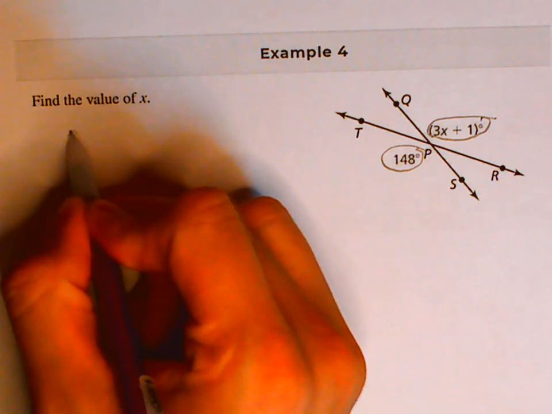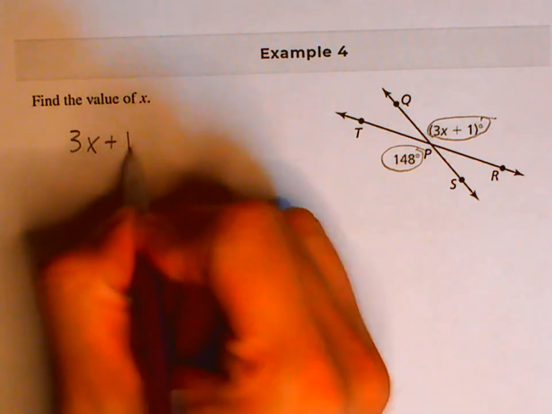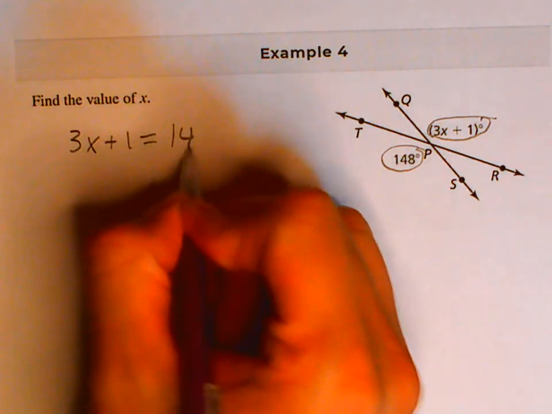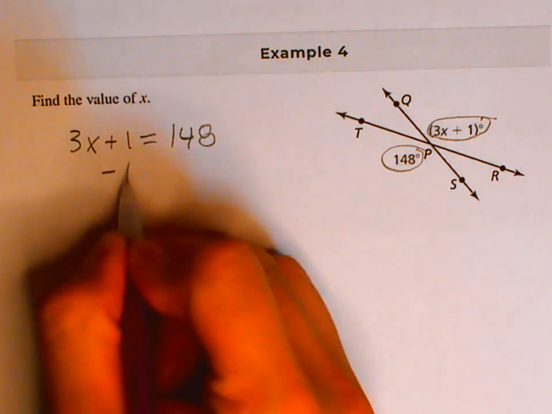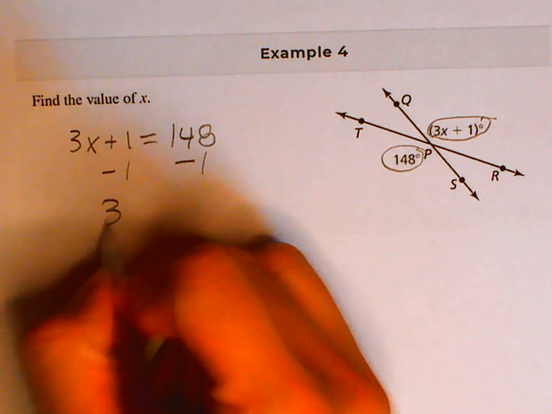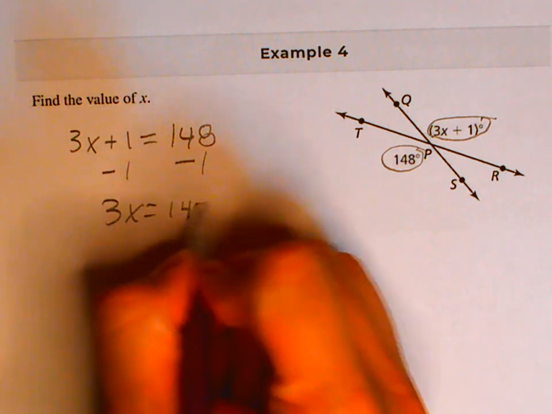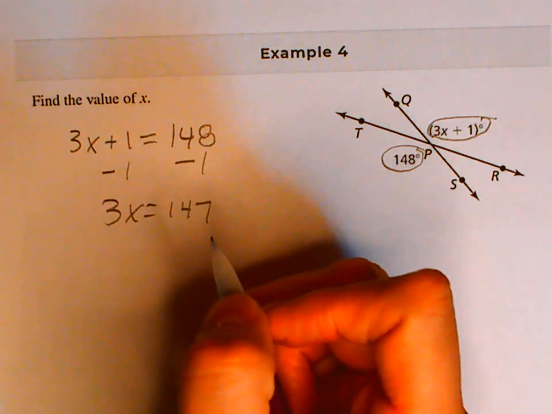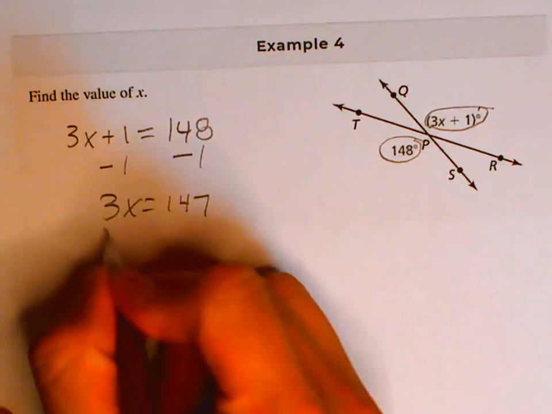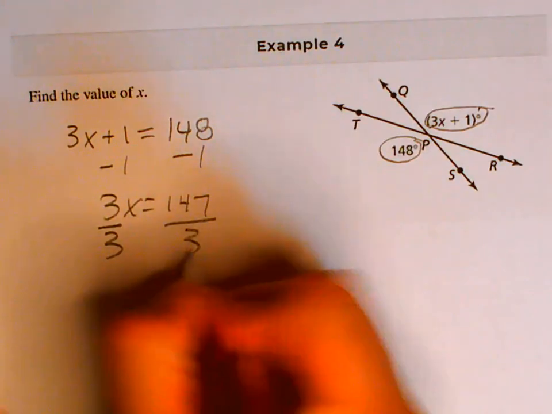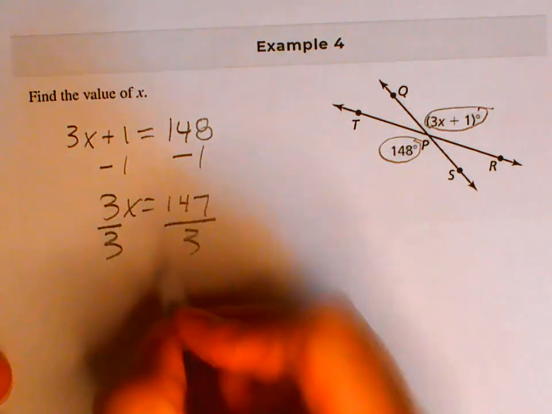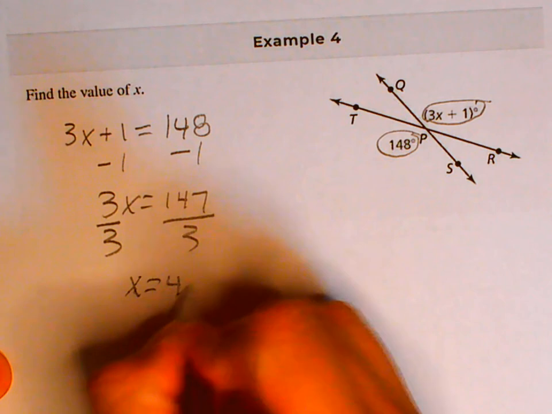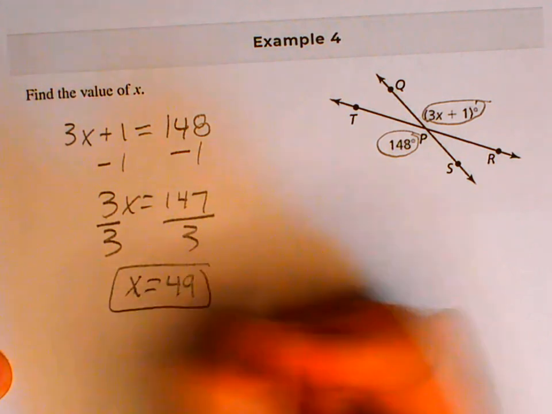So 3x plus 1 equals 148. This is not a proof, this is just an application. Minus 1, 3x equals 147. And when you divide that by 3, 147 divided by 3 is 49. And that is the solution.